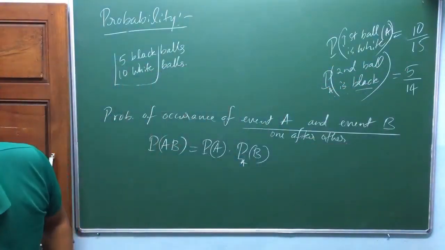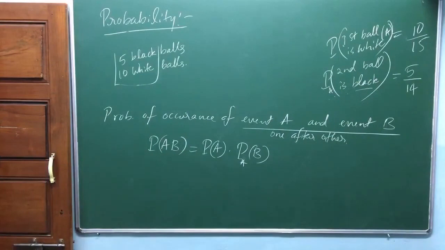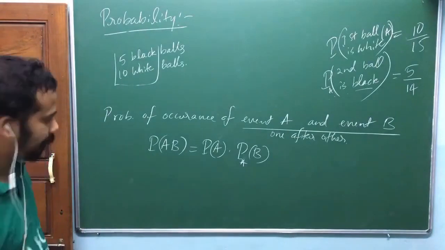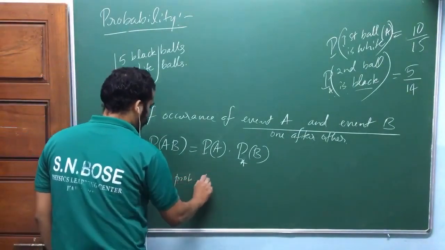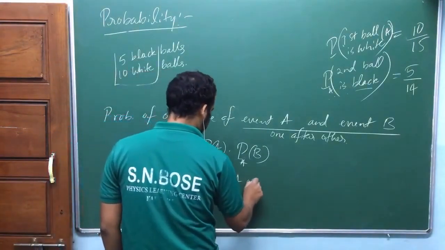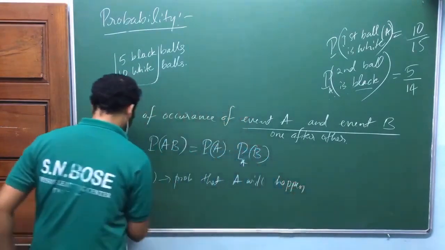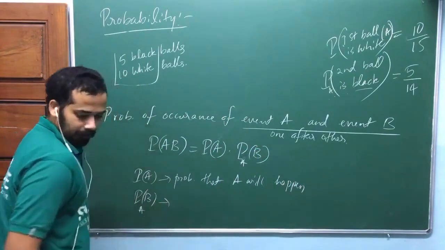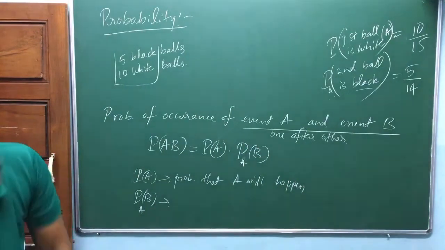Look at here, you better write PA is probability that A will happen. PB of A is probability that B will happen.